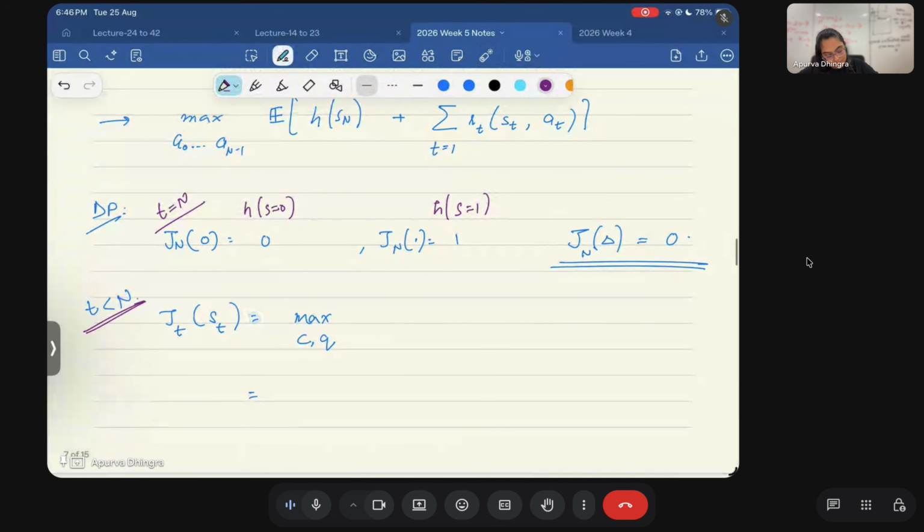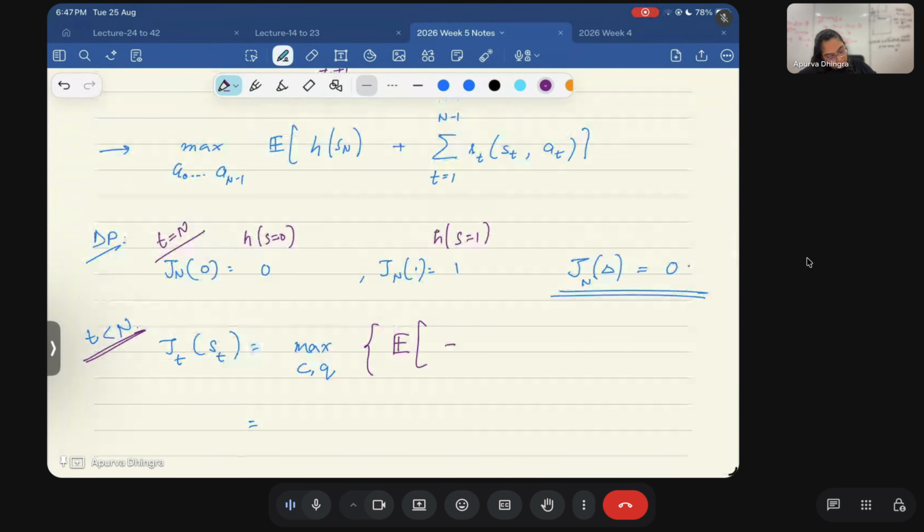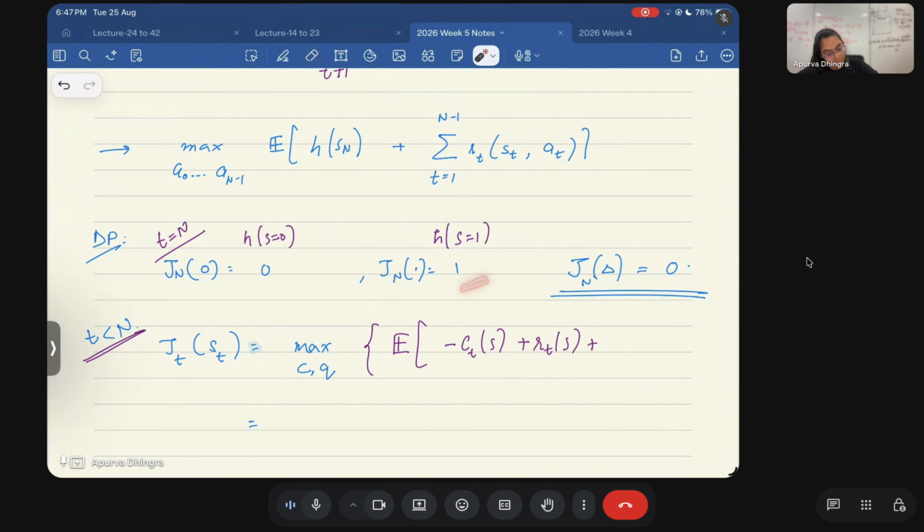You're supposed to maximize this objective, the expectation of the stage-wise cost. The stage-wise cost is ct of s plus rt of s plus whatever you have from the next step, which is jt plus 1 of s dash.